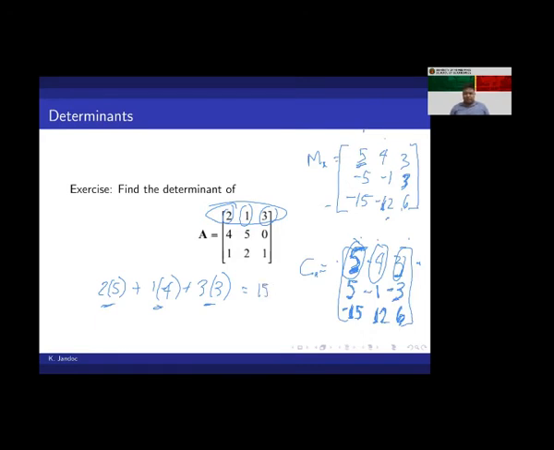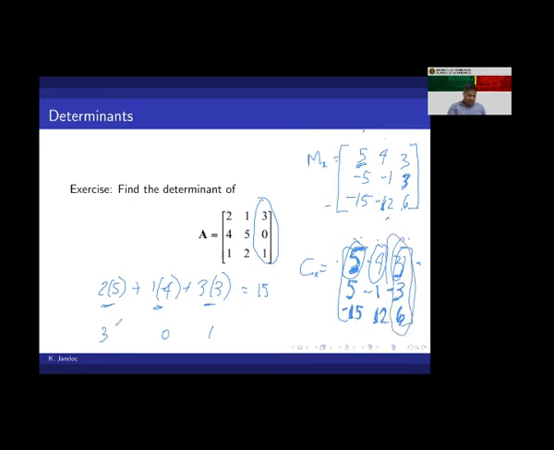Okay? Now, to check if you did everything correct, just pick any other row or column. Okay, let's pick, for example, this one, the third column. Okay, and let's compute the determinant using the cofactors associated with that column. Okay, so we have 3 and 0 and 1. Okay, the associated cofactors are this one.